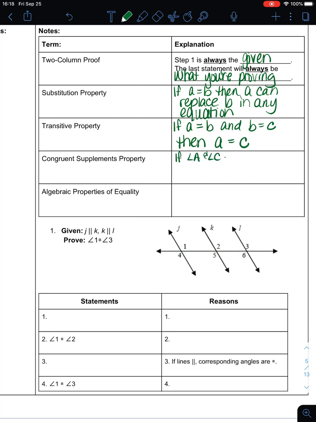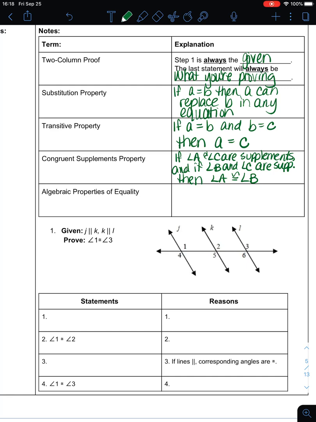So it says this, that if angle A and angle C are supplements, they add to 180 degrees, and if angle B and C are supplements, then it must be true that angle A is equal to or congruent to angle B. If A and C add to 180 and B and C add to 180, then A must be the same as B.